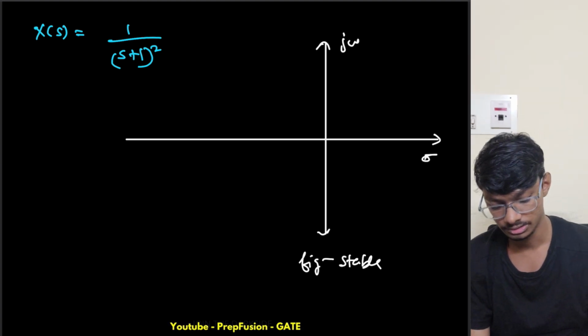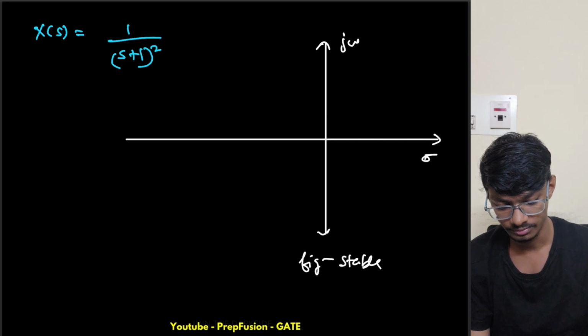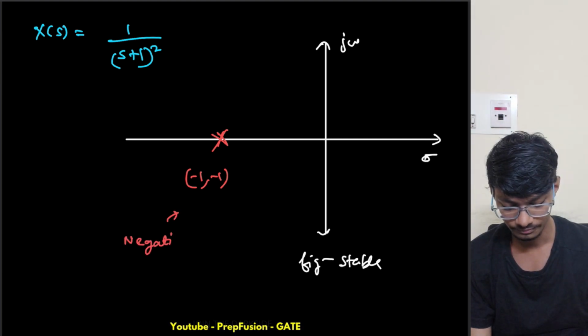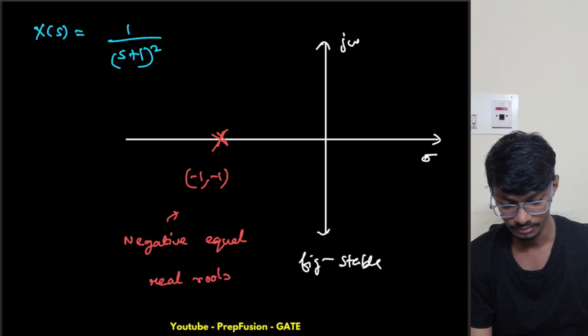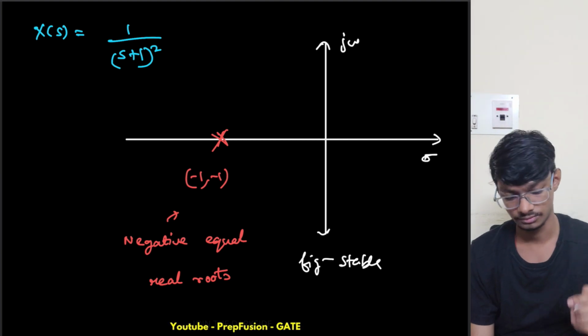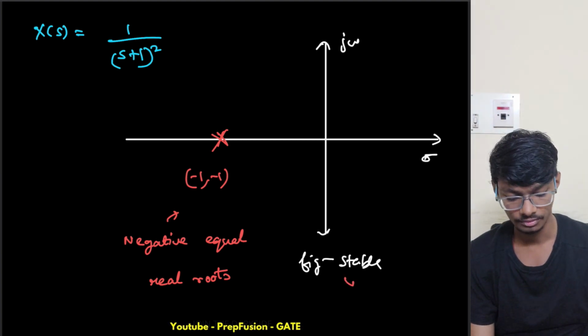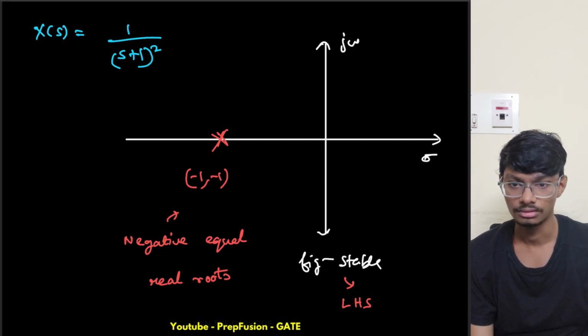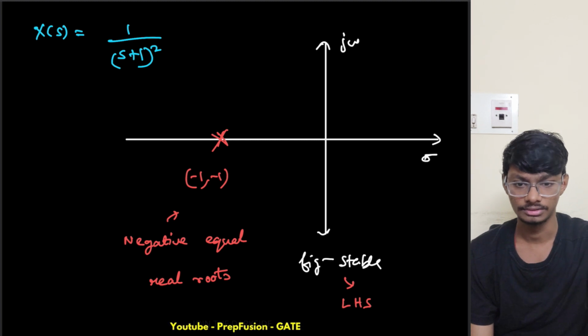So here we have repeated poles, minus 1 comma minus 1, repeated poles, negative, equal, real roots. Okay, so this is one thing. So the system is stable because the poles lie on the left hand side of the s-plane. Okay, so that is it for this question.